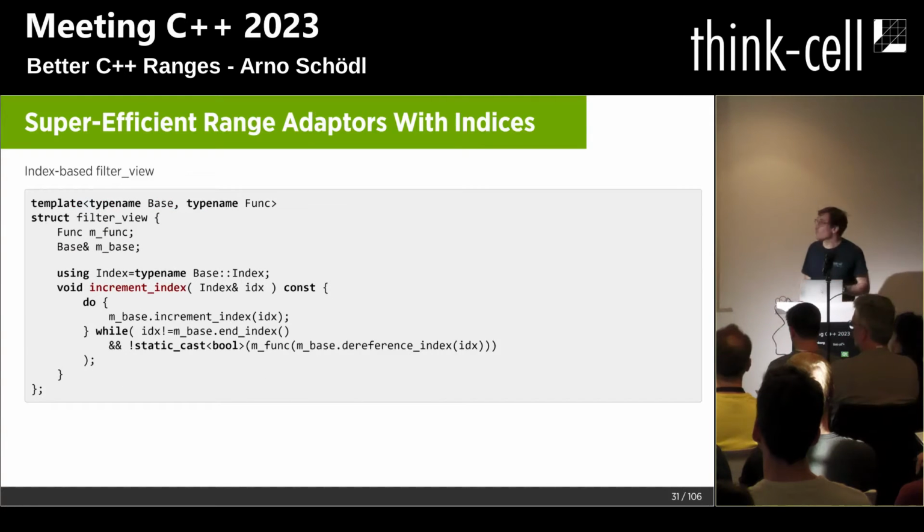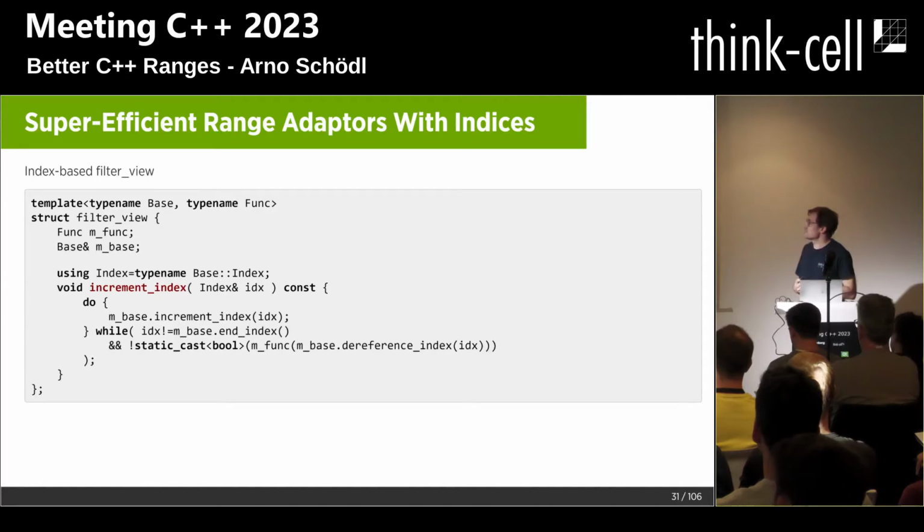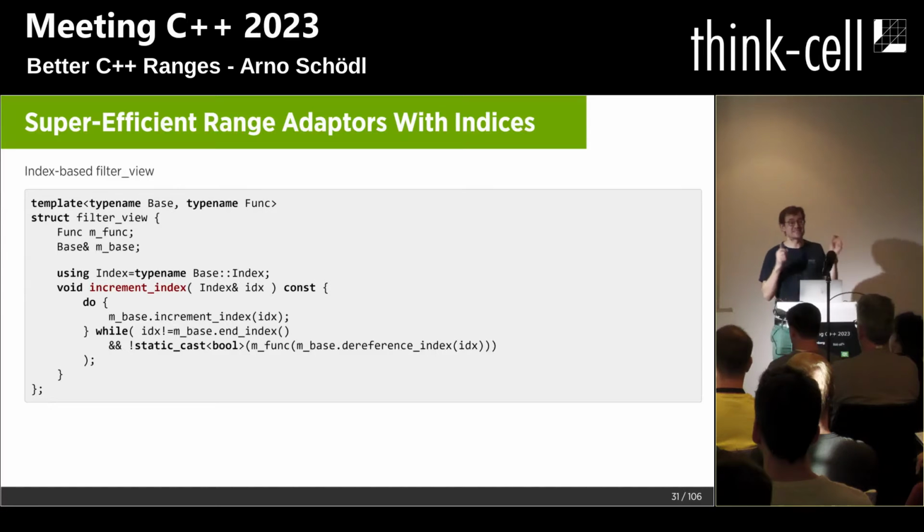Now, let's see how the filter looks like. The filter would contain the function and a reference to the base range that it is actually filtering. And the increment index is then relatively easy to implement. You can just say, okay, my index is the same as the base index. That's important, because as you imagine, when we have the stack, we can stack gazillions of these things.